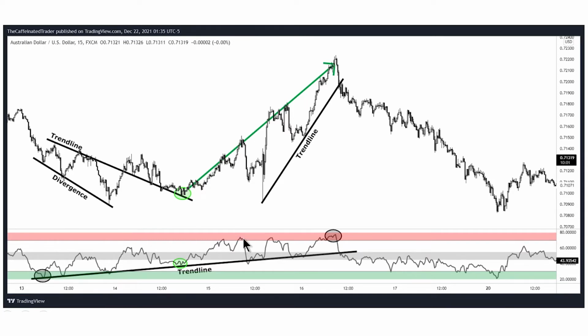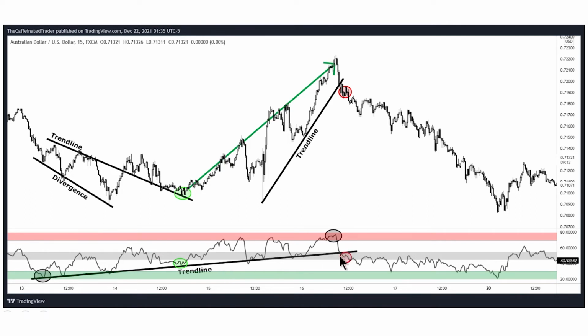It's really up to you, but you could have held out as price was following this trend here. And then we have a trend here, right? So this was our strong overbought signal here. And then the next thing we would note is this break right here. The break of this trend and the break of this trend on the RSI.